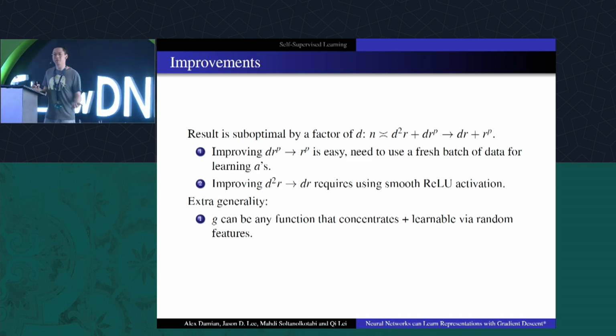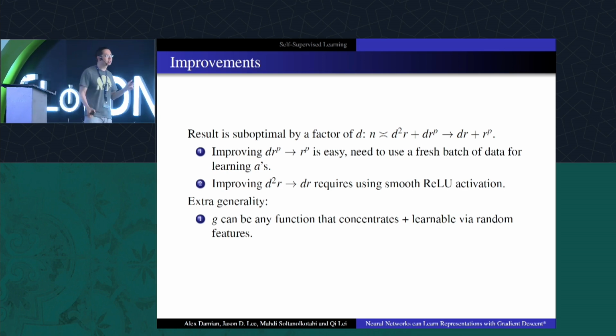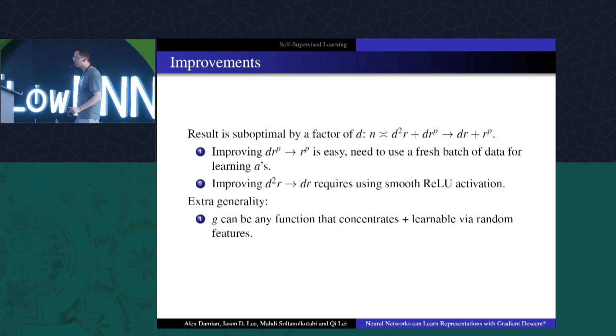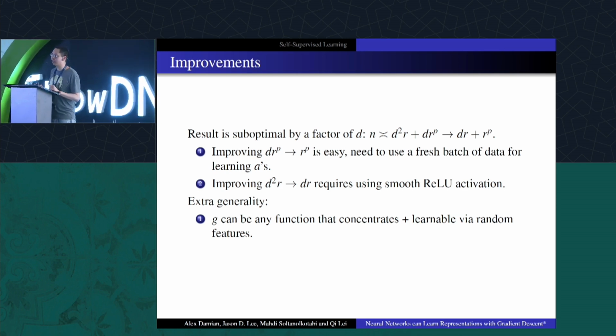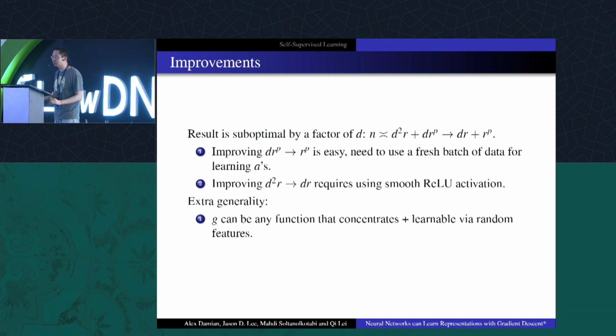So we just need to do some sample splitting. And then for smooth ReLU, we're in fact able to improve the first term to d times r. Okay, and then there's some extra generality which I didn't talk about. This g doesn't need to be a polynomial as long as it's in the random feature reproducing kernel Hilbert space, everything is still fine because you're just mimicking a kernel method at this point.